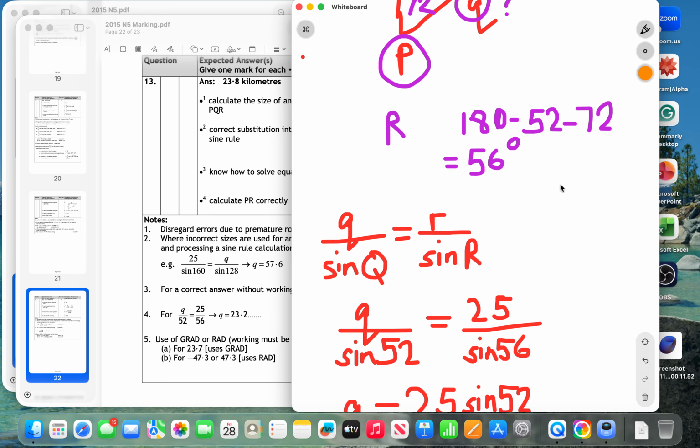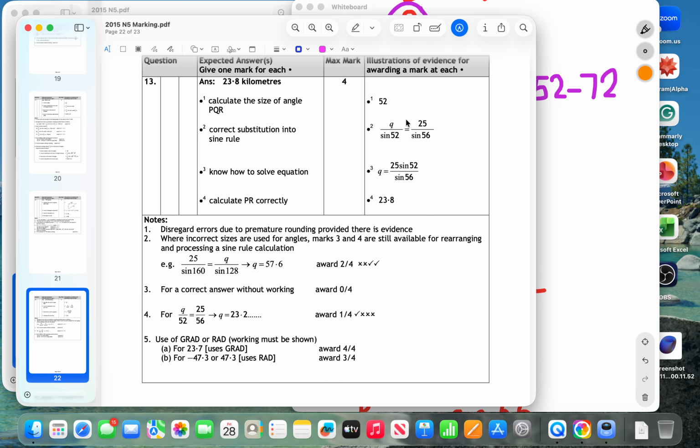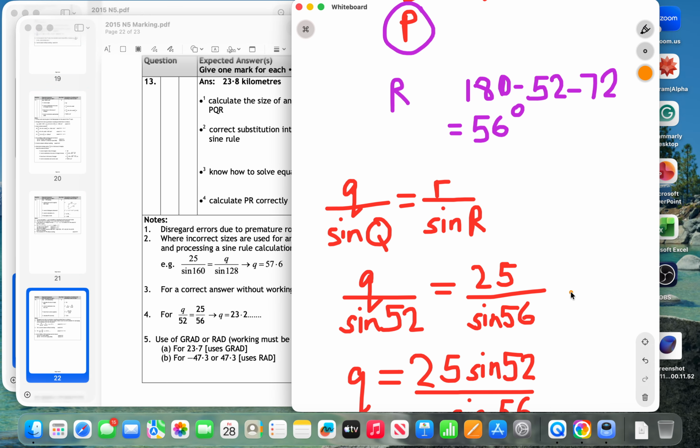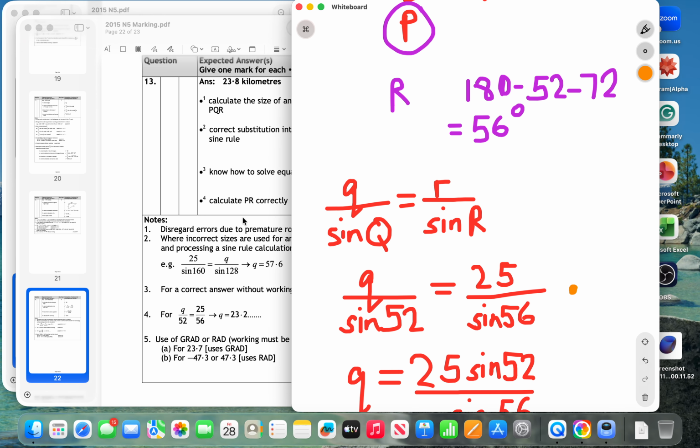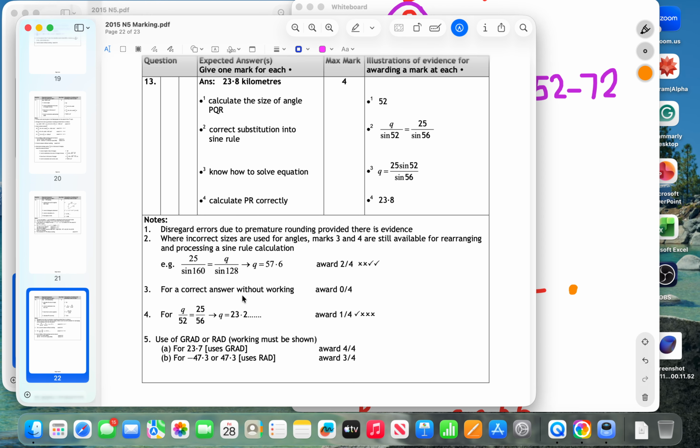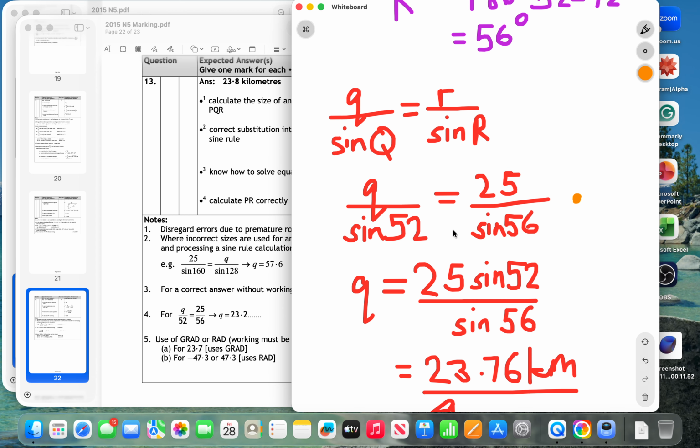Second one is for substituting into the sine rule. So up to this point is 2 marks. Then you would get the third mark for multiplying by the sine of 52 on both sides.